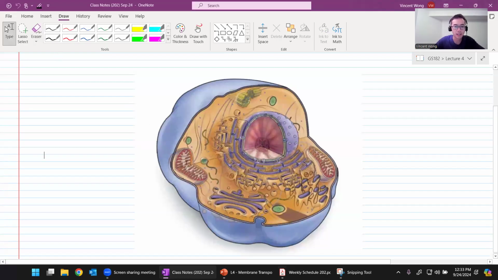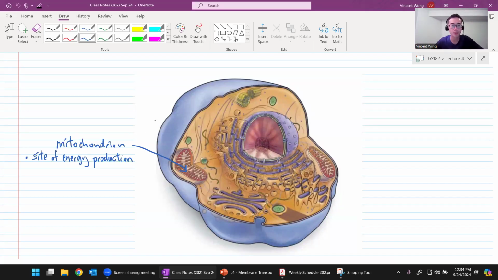Can anybody tell me what this structure is over here on the left side? Mitochondria. That is the mitochondria, Micah. Thank you. So let's write that down. The mitochondria is the site of energy production. Specifically, it is where part of cellular respiration occurs.